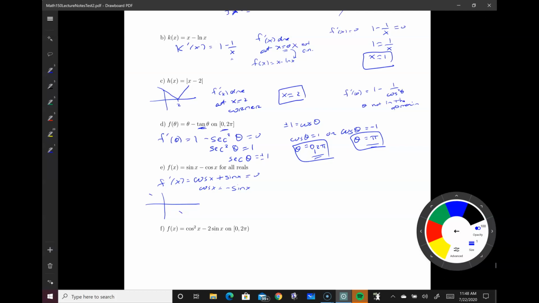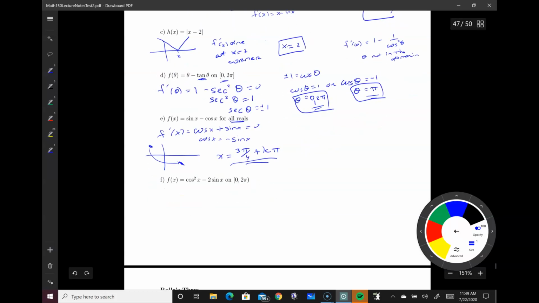I see this is asking me for all reals, but it's going to be these 3 pi over 4 terms. And because they're separated by a pi, I'm going to say x is equal to 3 pi over 4 plus all k pi multiples, because this is just a value of pi to get from one to another. So that's it. Last one.